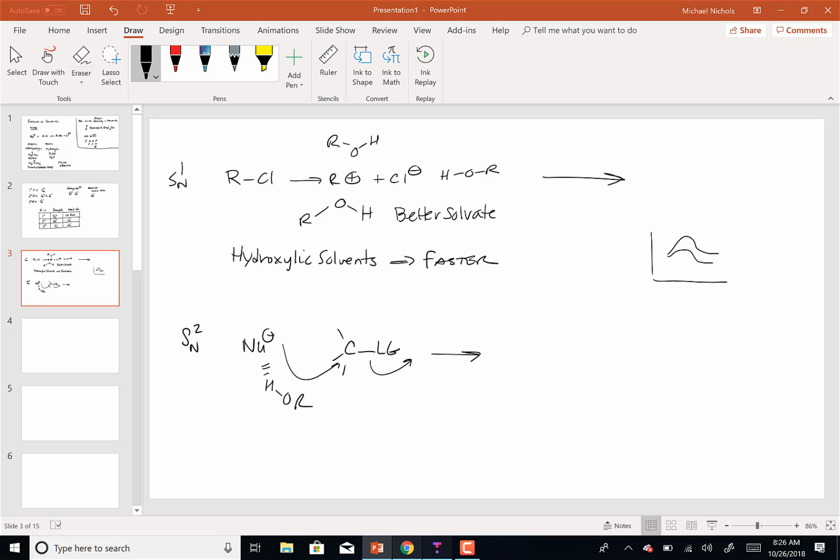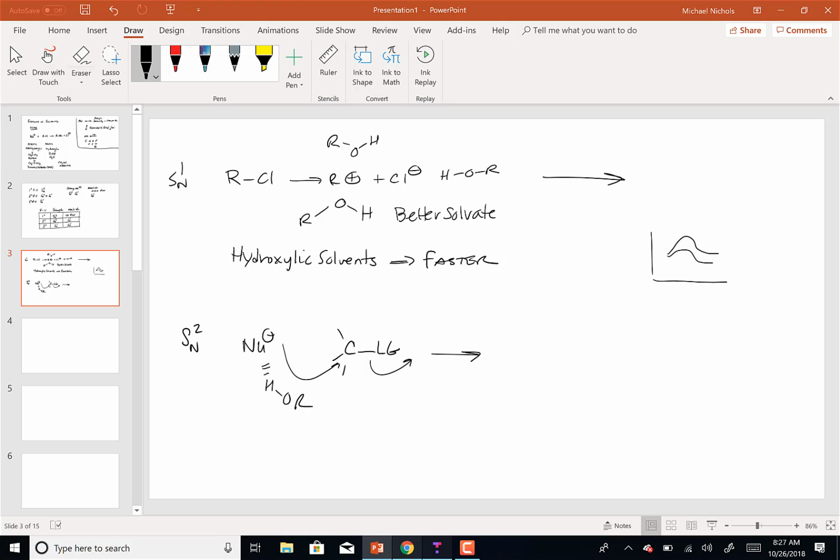I'm going to have those solvents solvating the nucleophile really, really well. So what's that going to do to the nucleophile? Well, as it approaches the alkyl halide, it's going to have to get rid of all that solvent in order to attack. Right? It's carrying all this solvent with it that it's got to get rid of and then react with the alkyl halide. Is that going to make the reaction faster or slower? It's going to make it slower.